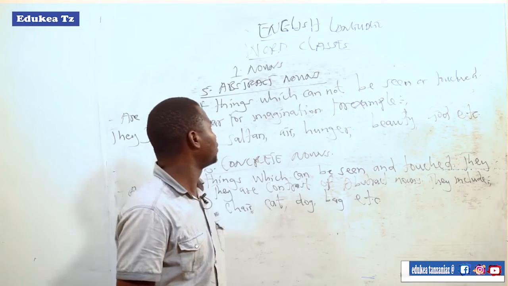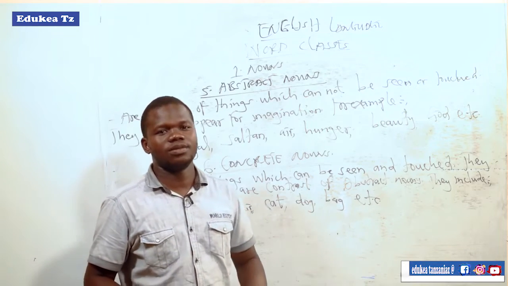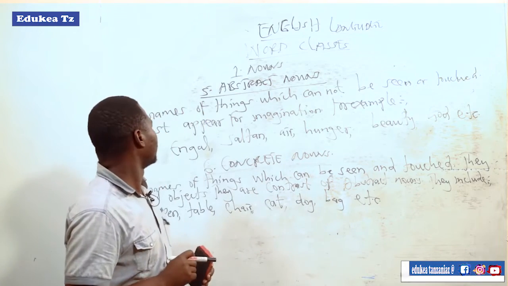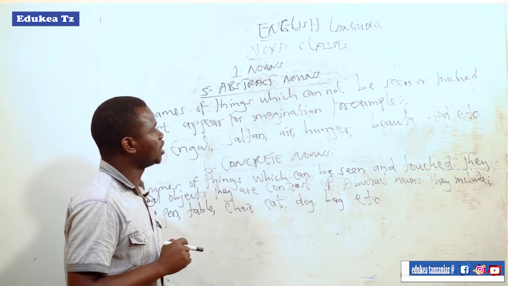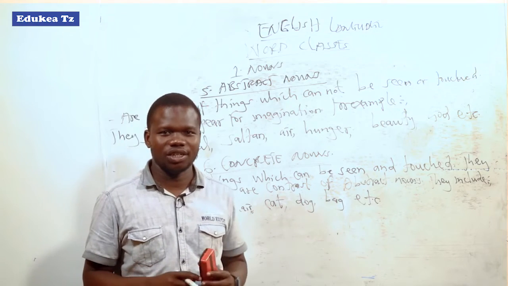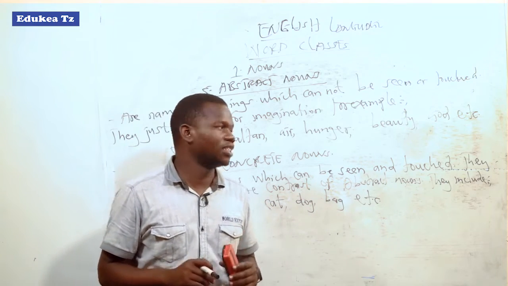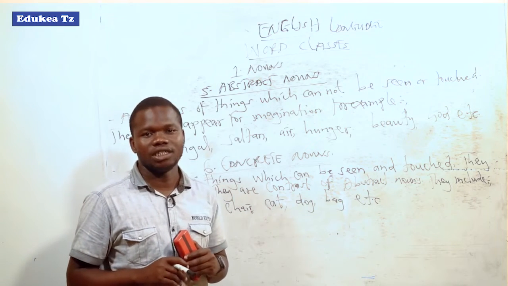So another type of noun is abstract nouns. So abstract nouns, here we are describing the names of things which cannot be seen or touched. So these are names of things which cannot be seen or touched. They just appear for imagination.